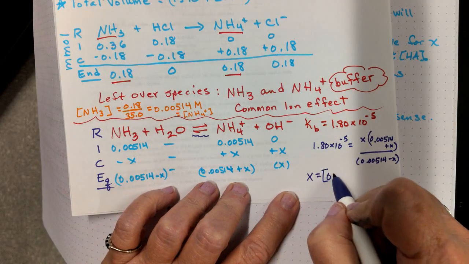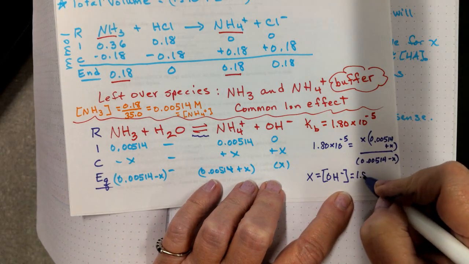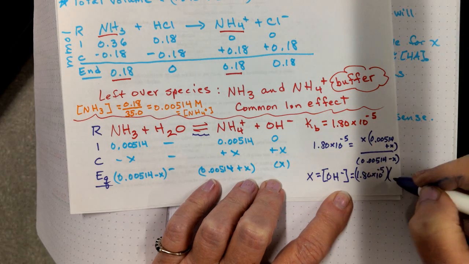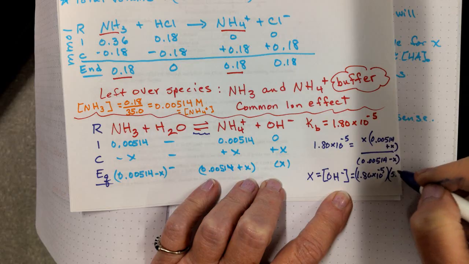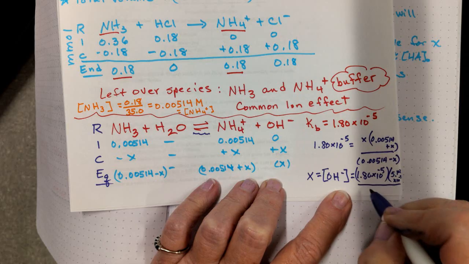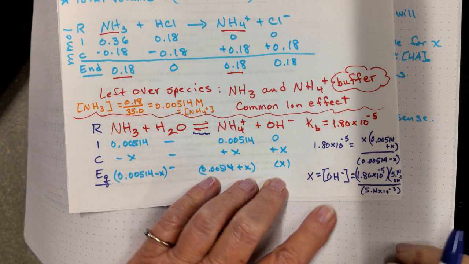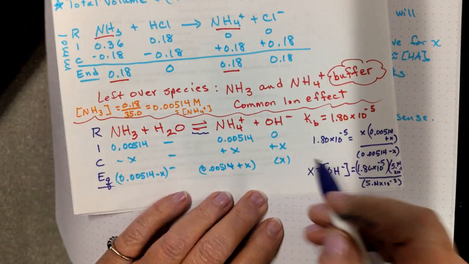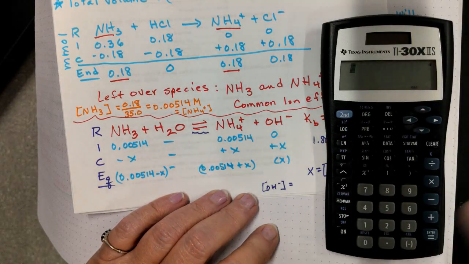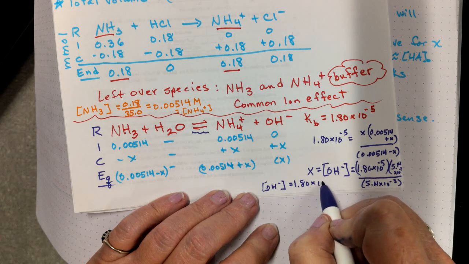So I'm going to tell the grader x is my hydroxide, which is going to equal 1.80 times 10 to the minus 5 times 5.14 times 10 to the minus 3 over 5.14 times 10 to the minus 3. And when I do that, I get that the hydroxide ion concentration is, that's going to cancel, 1.80 times 10 to the minus 5.